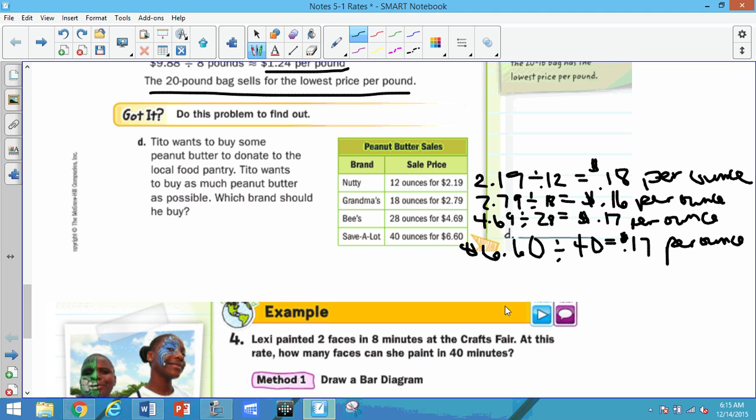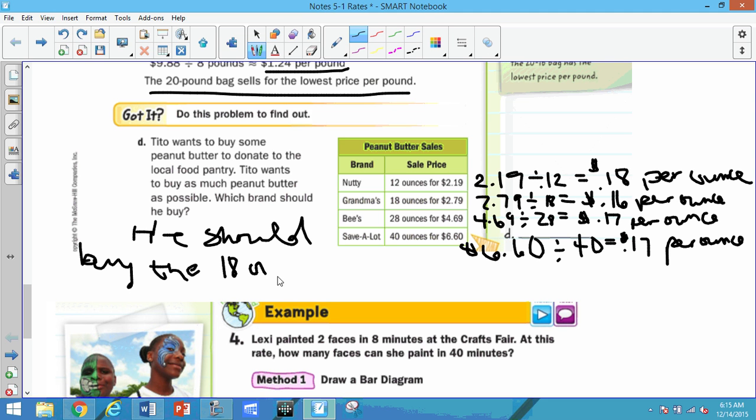Okay, now the best buy then, because you need to answer it, which brand should he buy? You need to write a sentence. He should buy, which one's the cheapest? The 18-ounce size.